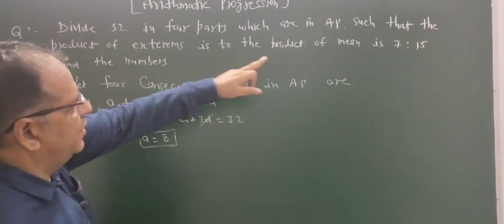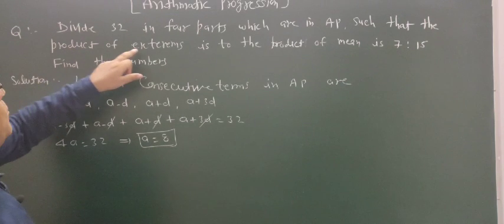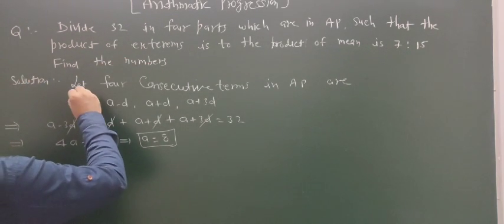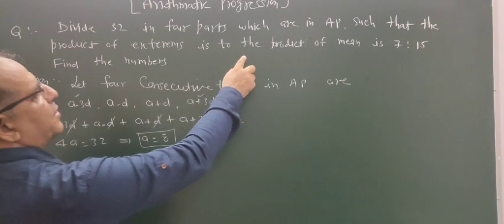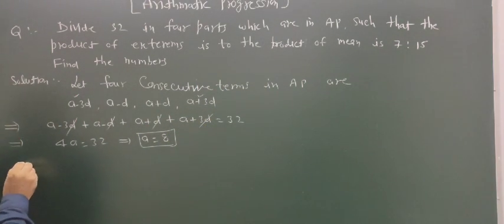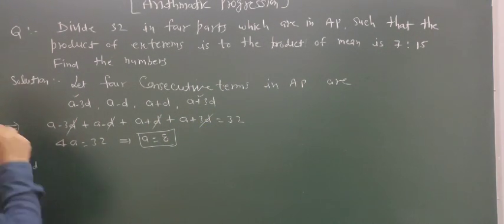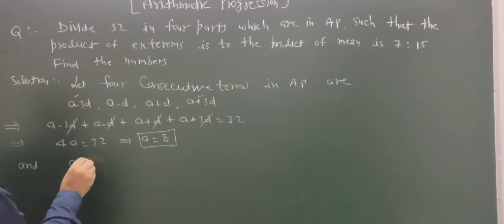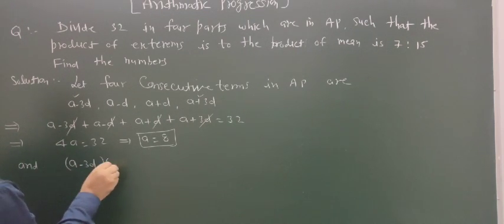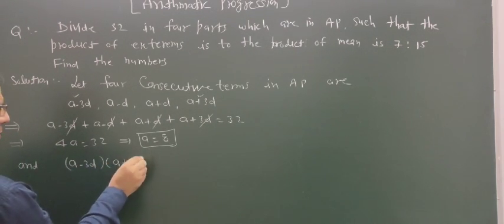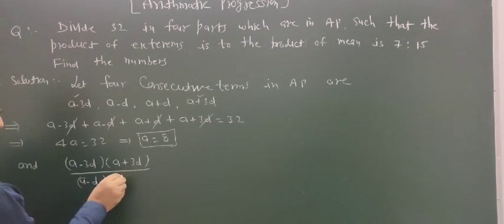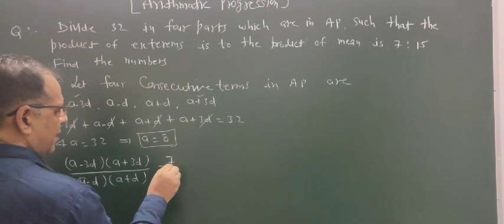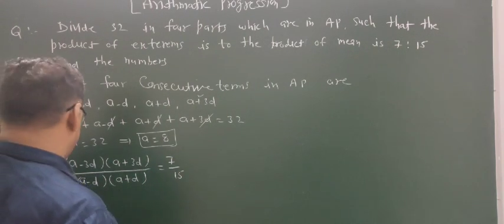Again, the product of the extremes, extreme meaning boundary values, and the product of the means. The second part of the question says that a minus 3d into a plus 3d upon a minus d into a plus d is given as 7 upon 15.